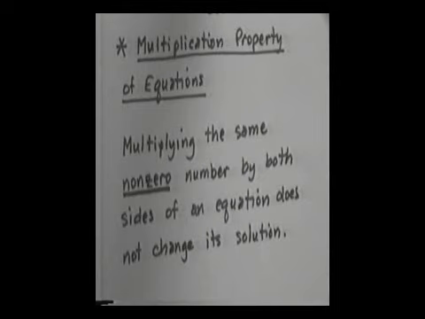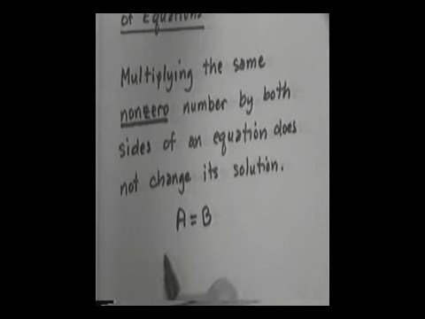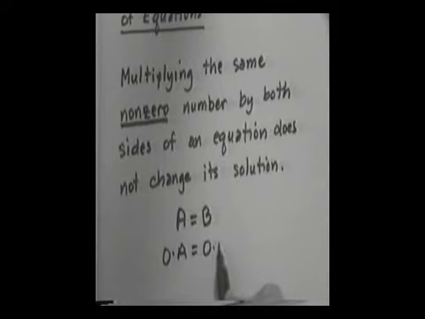If I take an equation, let's say the equation is A equals B, multiplying both sides by 0 would give me 0 times A equals 0 times B. 0 times A is 0. 0 times B is 0.